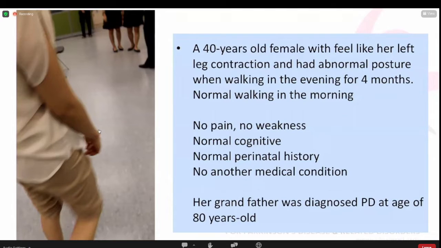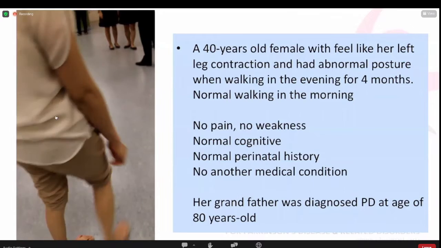She has a family history: her grandfather had a suspected diagnosis of Parkinson's disease at the age of 80 years old.